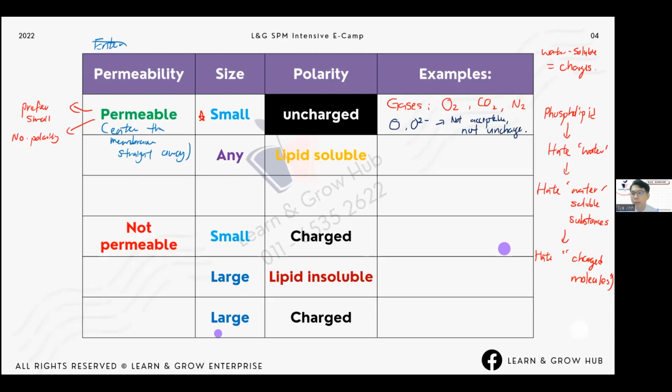O2 minus is very straightforward: it's a negatively charged molecule. And for oxygen, O only, do you have any oxygen gas as O only, not O2? Normally no, right? So O or O2 minus are not acceptable answers. If you want to write the answer as a gas, please remember that the gas must be in its stable form.